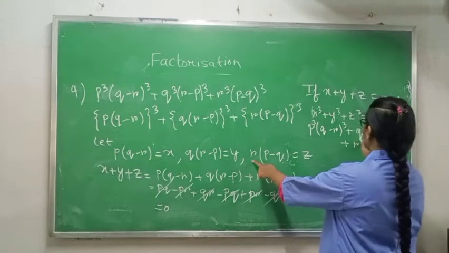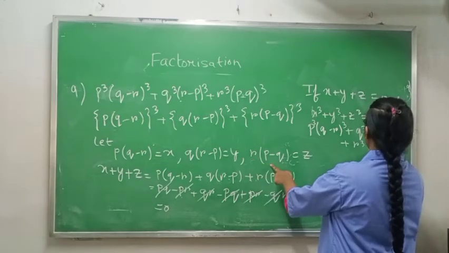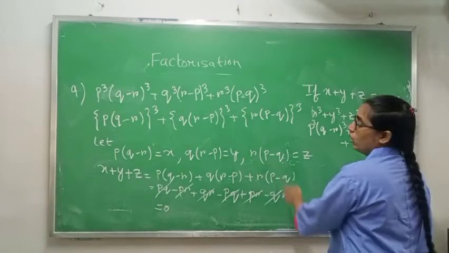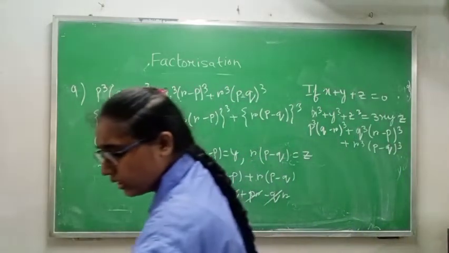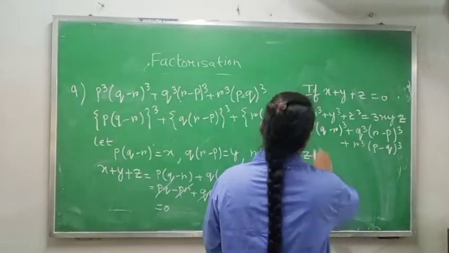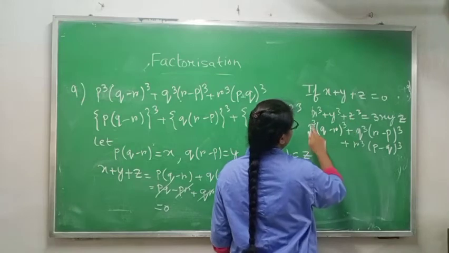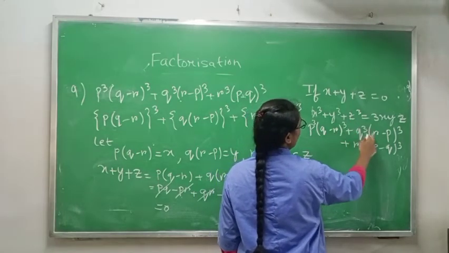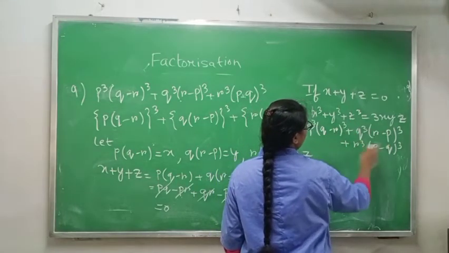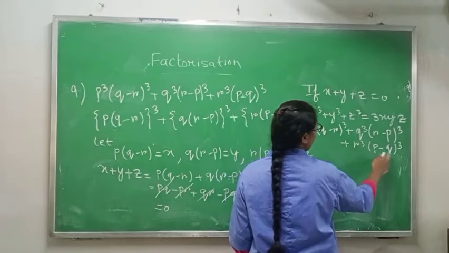Z cube means [r(p − q)] cube. Now in place of x cube plus y cube plus z cube, I am writing p³(q − r)³ plus q³(r − p)³ plus r³(p − q)³.